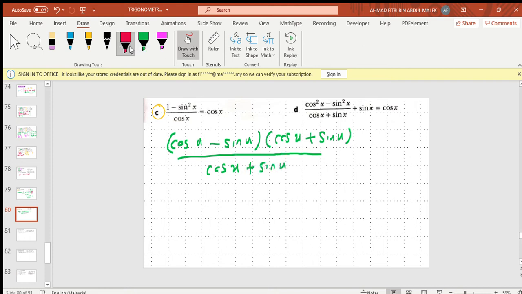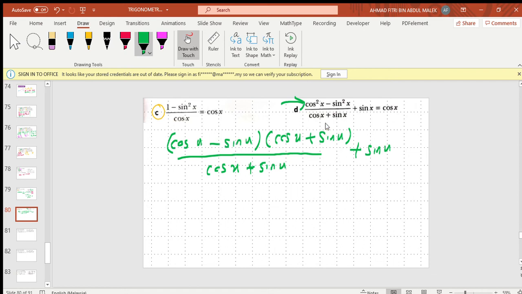Here the numerator came from here. How did I get the idea?